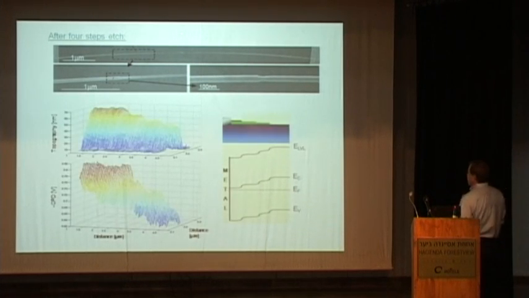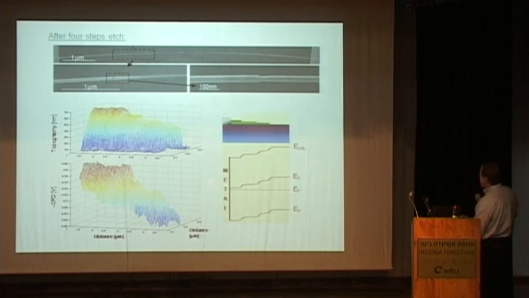and in the KPFM. So this is the topography map of the steps, and this is the potential map across these steps from left to right. Basically, what we actually measure with the Kelvin probe is the change of the local vacuum level, which follows the conduction band minimum if there is no change in the electron affinity.